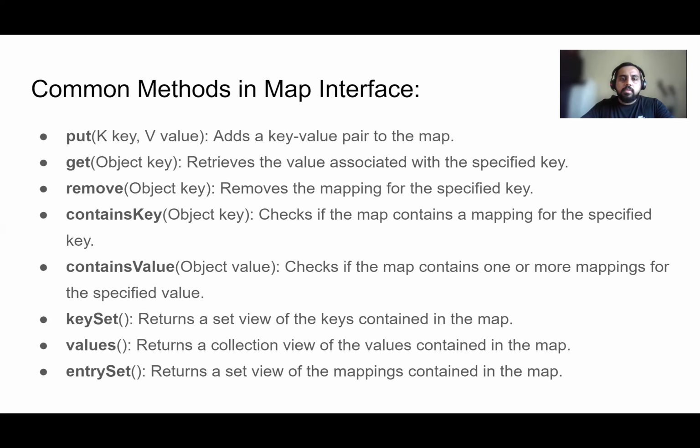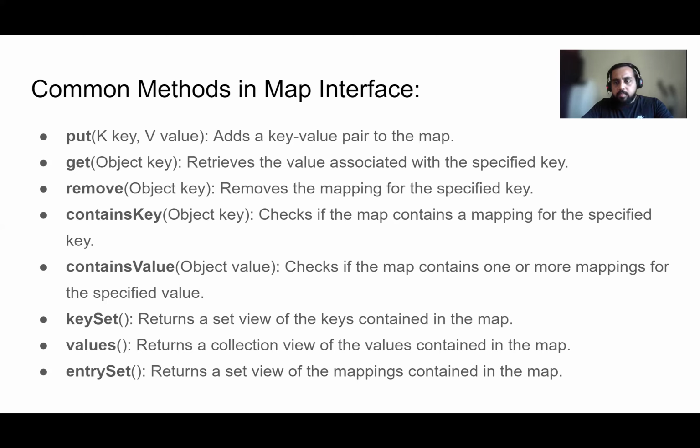Okay, so common methods in map interfaces. Put is a method which we use to add a key value pair into map. Get retrieves the value associated with a specific key. Remove removes the mapping from the map.